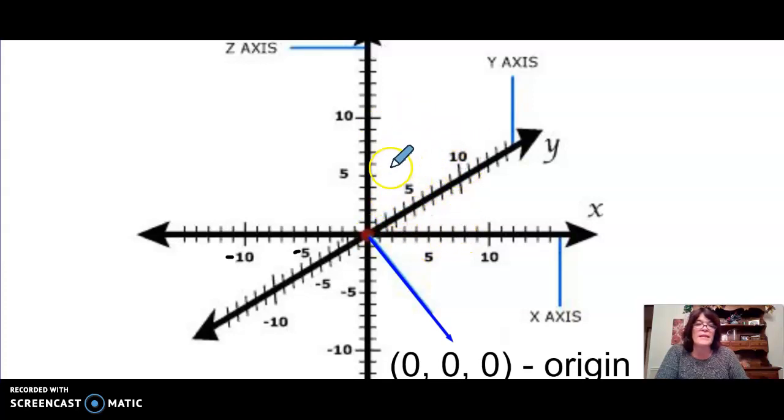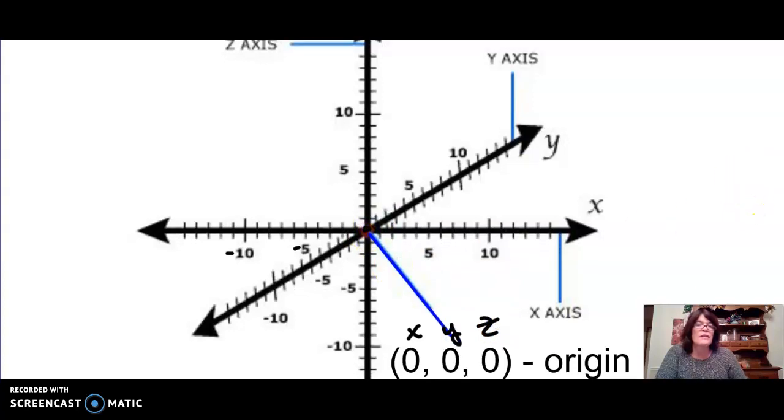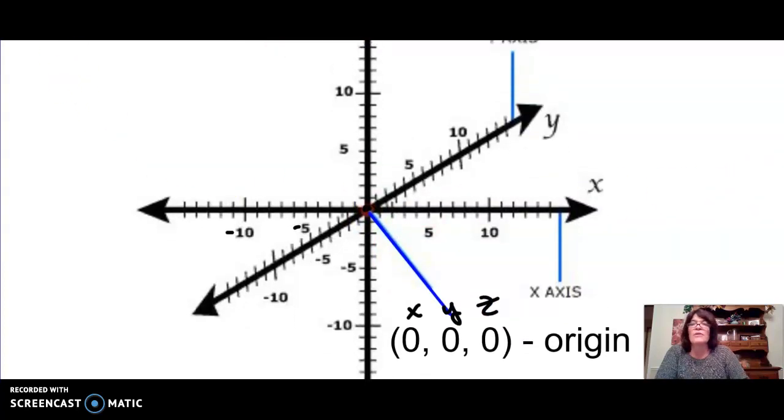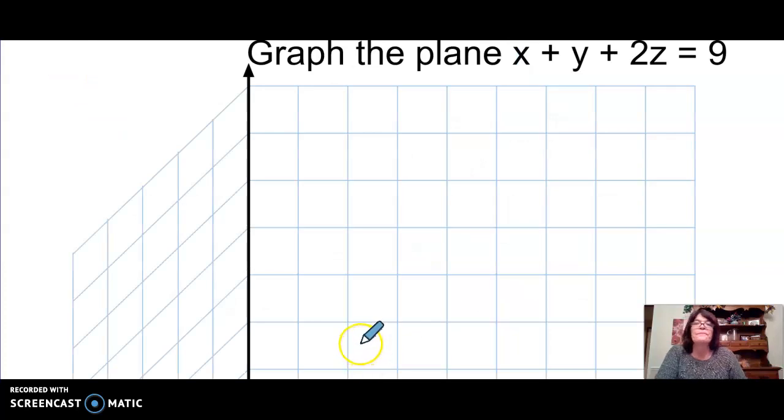Each 3-dimensional axis you have to look at, and they're not always the same. In fact, I've seen some where the z-axis is this axis and the y-axis is vertical. So just know this goes in order x, y, z. We have an origin in 3 dimensions, just like we had an origin in 2 dimensions.